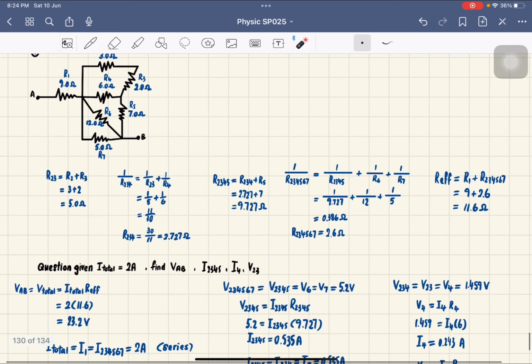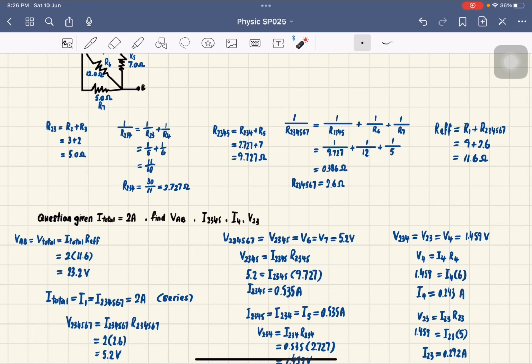If the question gives I total equal to 2 amperes, find the VAB, the I2345, the I4 and the V23. It seems complicated, but if you use the relationships to relate to the questions, it will become very easy. So how are we going to find VAB?